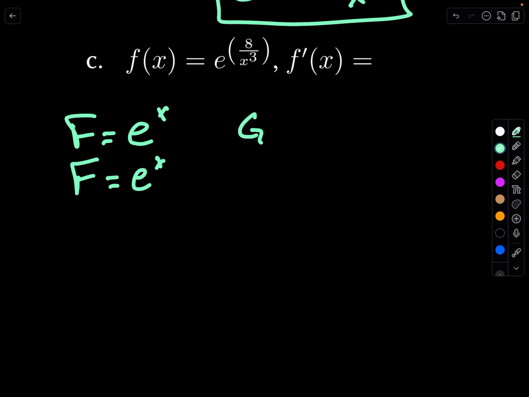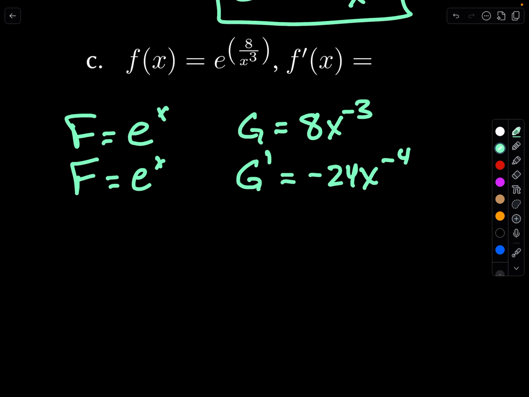to be e to the x. These are all chain rules. In this case, g is equal to 8x to the negative third. Sorry, I got distracted there. And so g prime is negative 24x to the negative fourth.